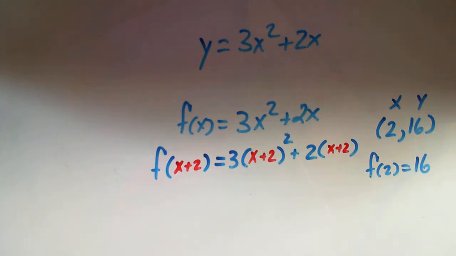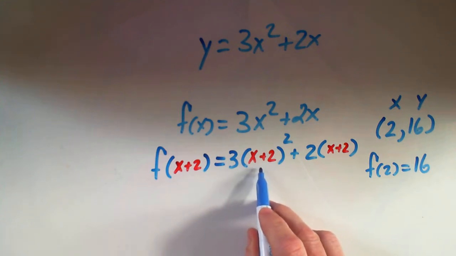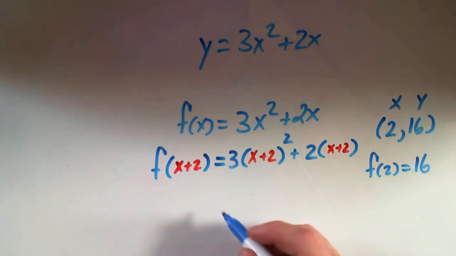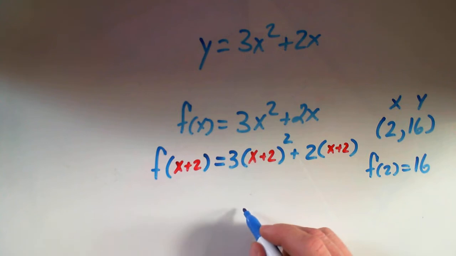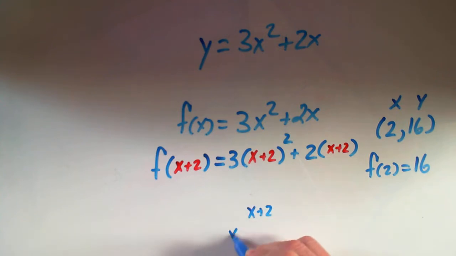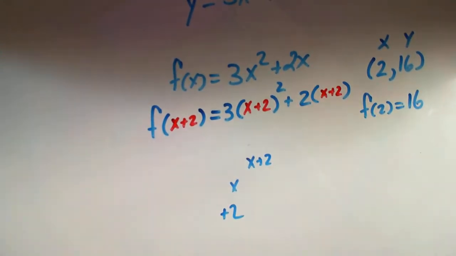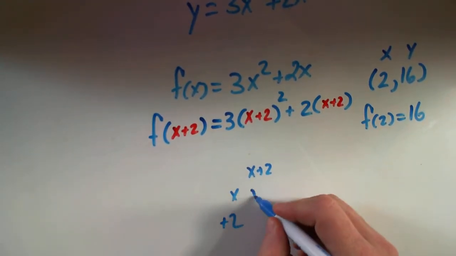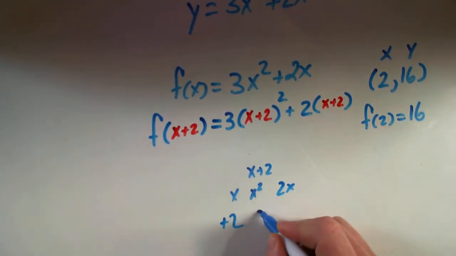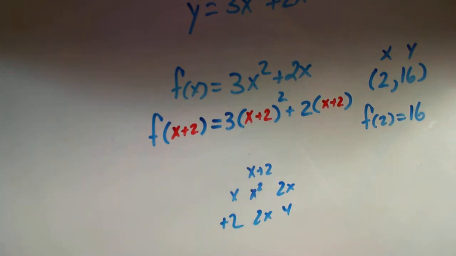Now, if I wanted to actually figure out that function exactly, I could FOIL out or box out that x plus 2. That would give me x plus 2 times x plus 2, which is x squared, 2x, 2x, 4. Combine my like terms, and that becomes x squared plus 4x plus 4.